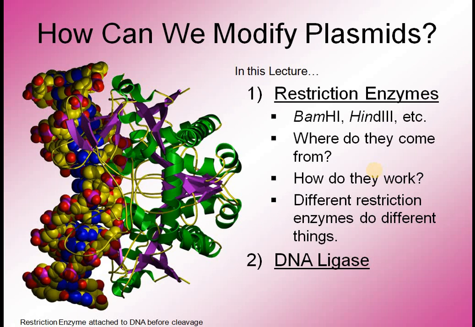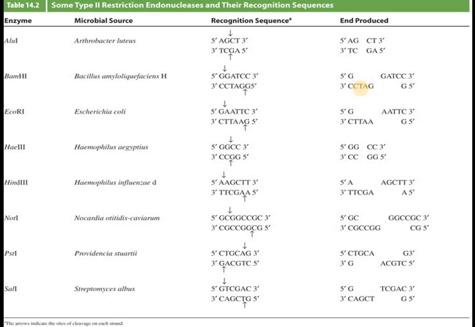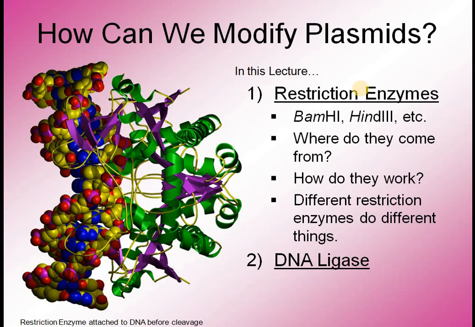So what will restriction enzymes do? Restriction enzymes make cuts in the circular DNA so that new DNA can be inserted. Various types of restriction enzymes are there, for example BamHI, HindIII, etc. They cut the DNA at a specific sequence.